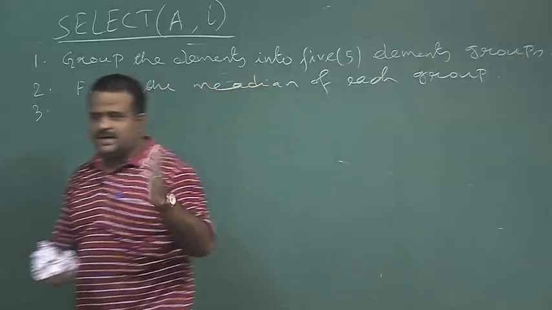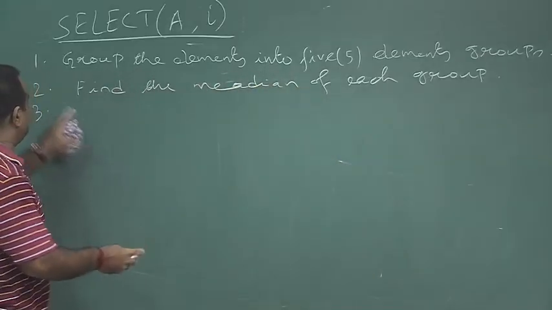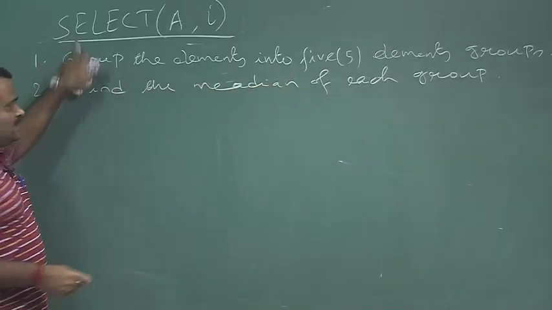So, n by 5 medians. Now we have to find the median of the medians using the same select algorithm.